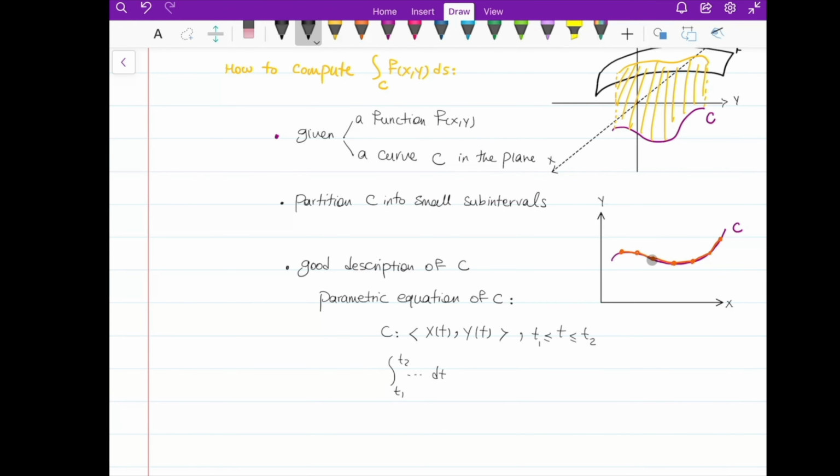So now that we partition C into small pieces, we just look at one piece, okay? So let me just zoom in. I'm going to look at this piece in here, and let me zoom in.